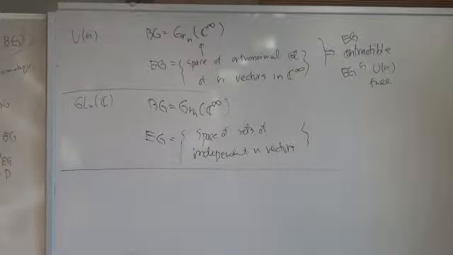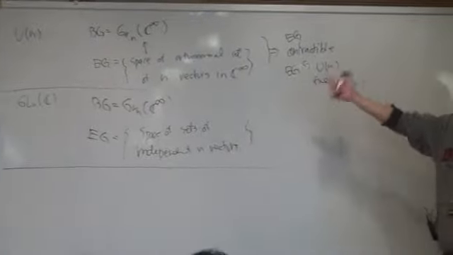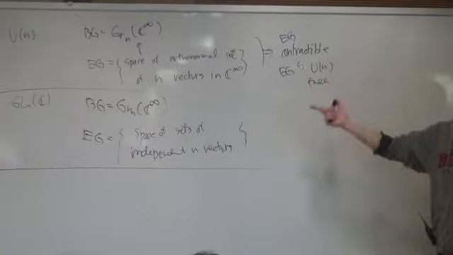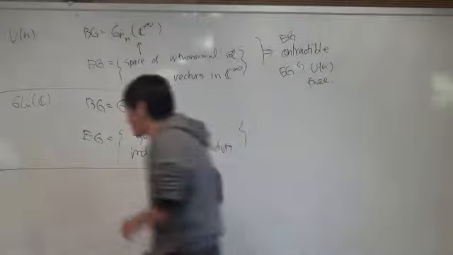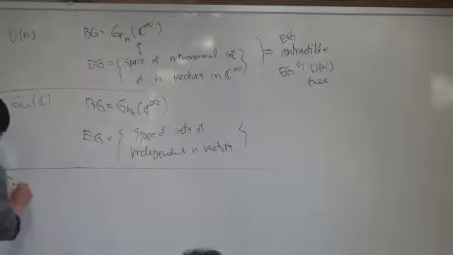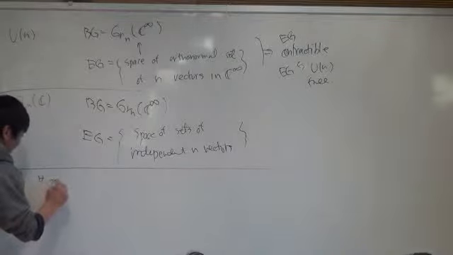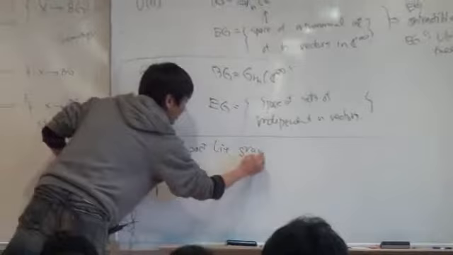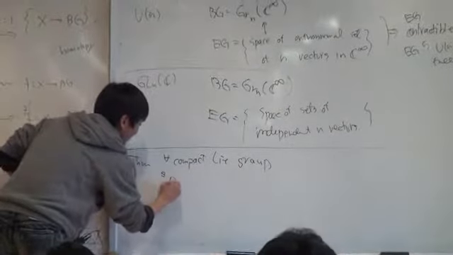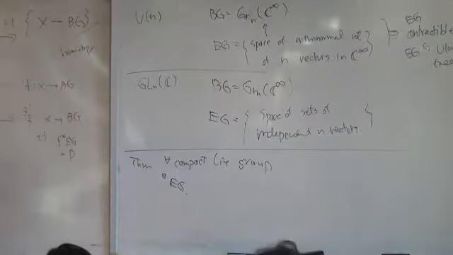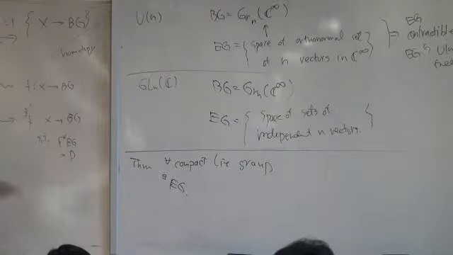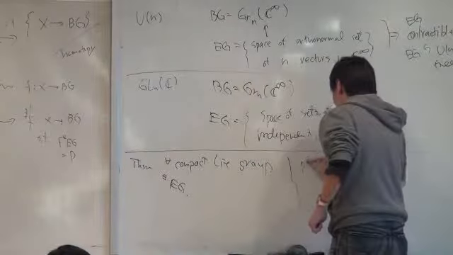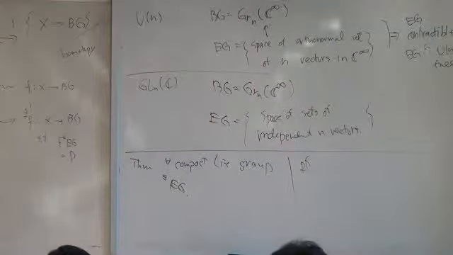Okay, having said that about the typical examples of this universal bundle, what happens for any compact Lie group? There exists EG. And the way we do this, the proof is just a bunch of big theorems, right?